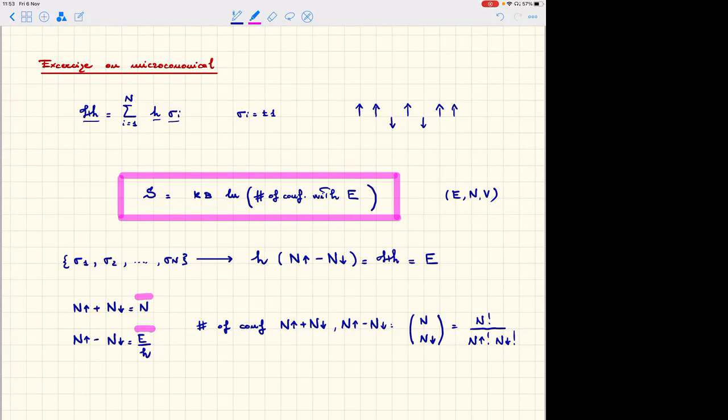If the temperature is very large, any physical system is maximally disordered, right? If the temperature tends to infinity, you have equal probability of each individual spin to be pointing up or down.